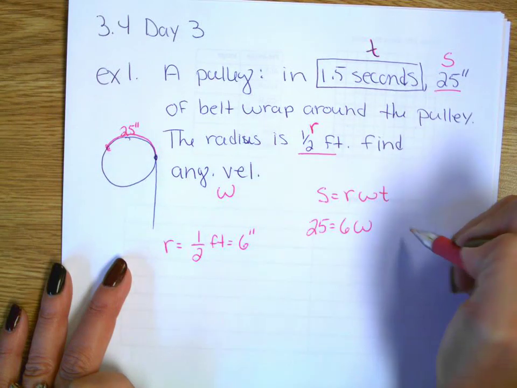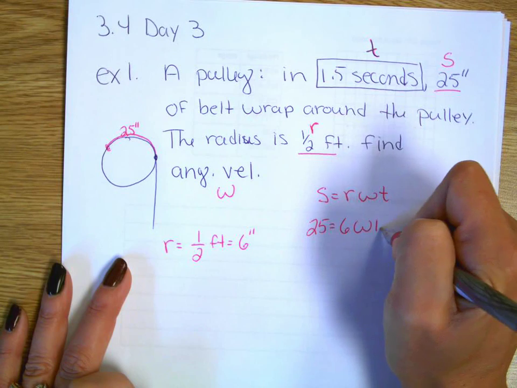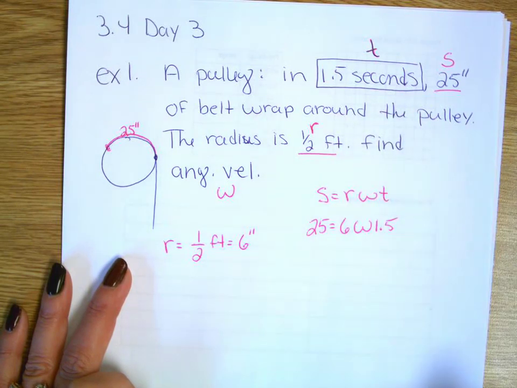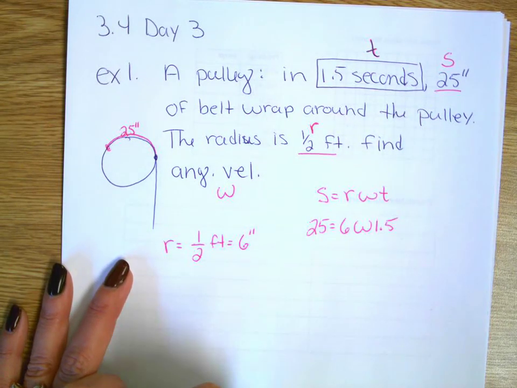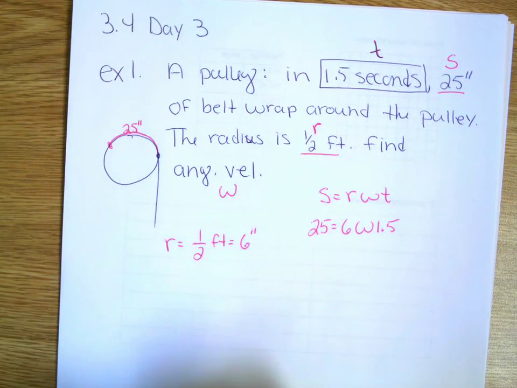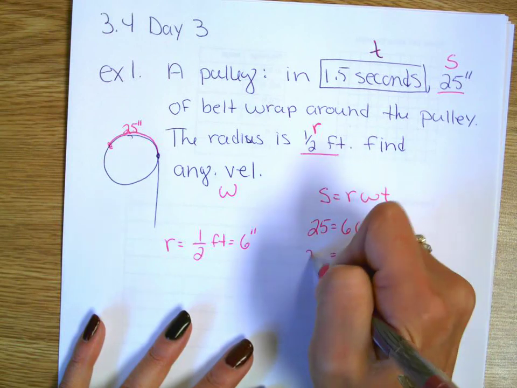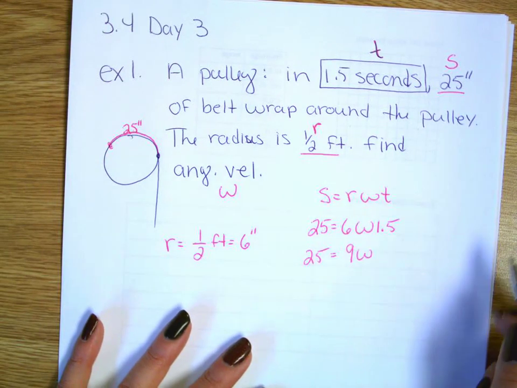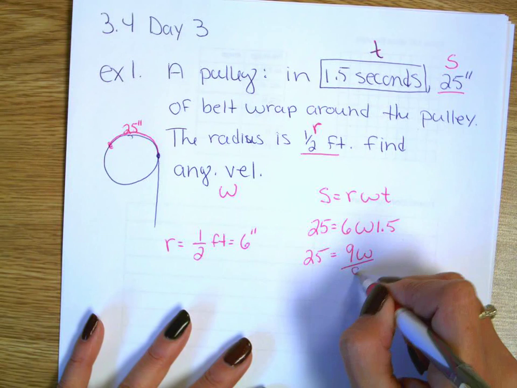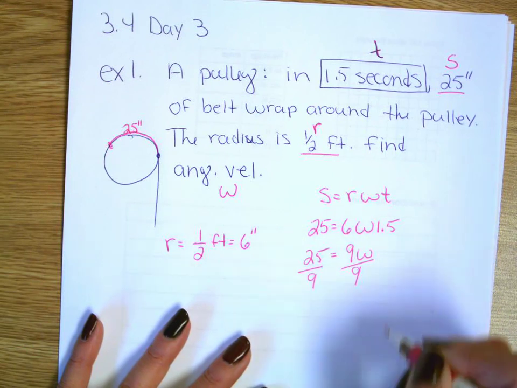W is W. Time was 1.5. And then point for your algebra. 6 times 1.5? 9. Divide by the 9. And 1 point for labels at the end of the story problem.